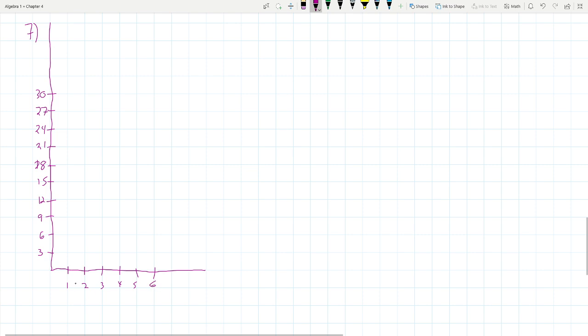In graphing these, I'm going to go to the first point, which is 3. My second one is at 10, so I'm going to say that's about here. My third one is at 17. It's about here. My fourth one is at 24.